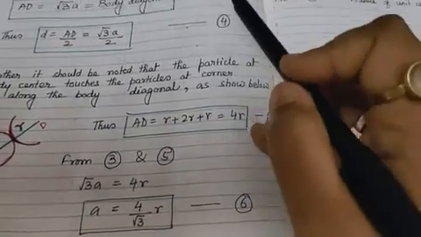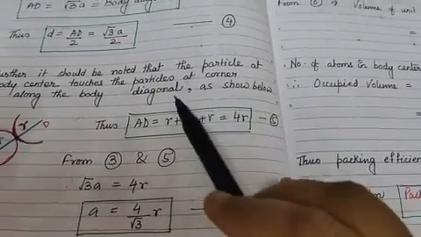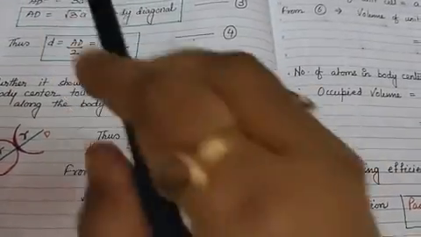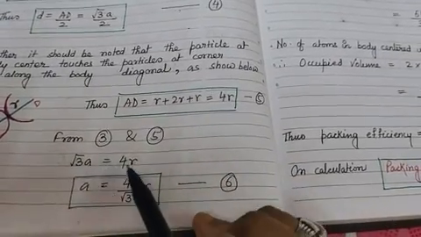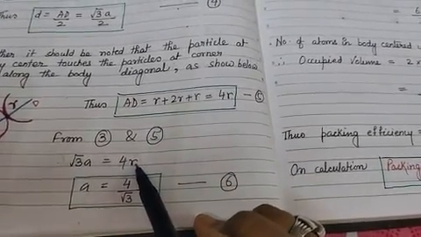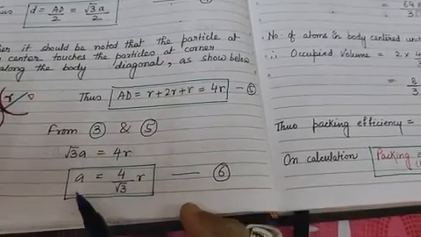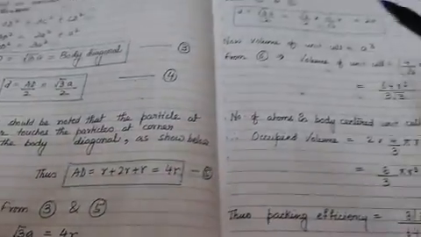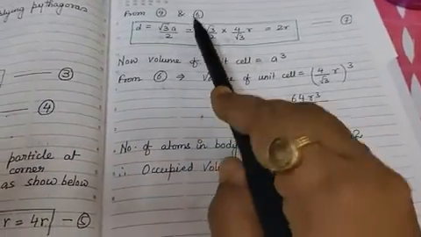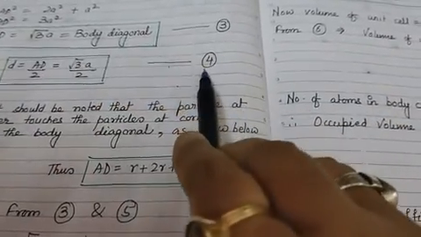Now from equation number 3 and equation number 5, AD is root 3 a in one and 4r in the other, so we equate these two: root 3 a equals 4r. Now we can easily calculate the relationship between a and r. a is 4 by root 3 r.